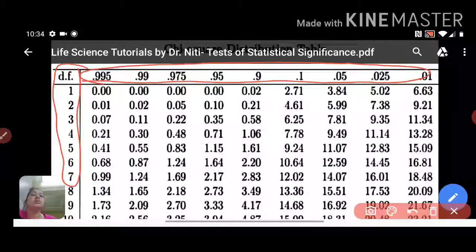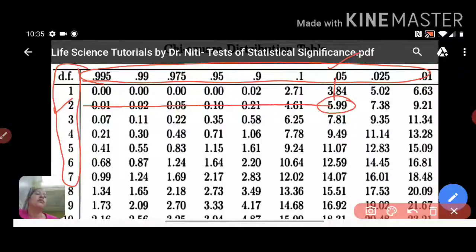Suppose in a numerical you have calculated the degrees of freedom as 2, and the level of significance given to you is 5%, that is 0.05. Then you can determine the tabulated chi-square value from the table.